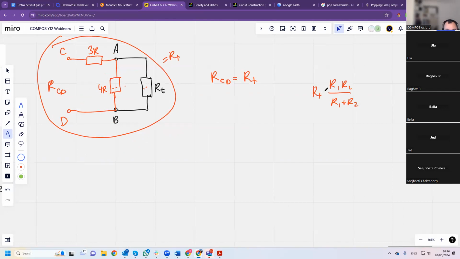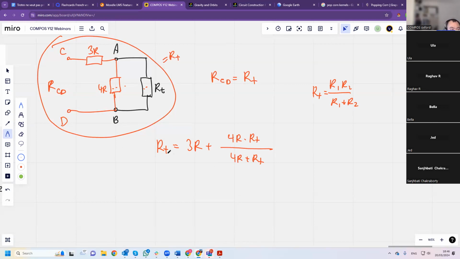So the total resistance is going to be 3R, because that's in series, 3R plus 4R times RT divided by 4R plus RT.